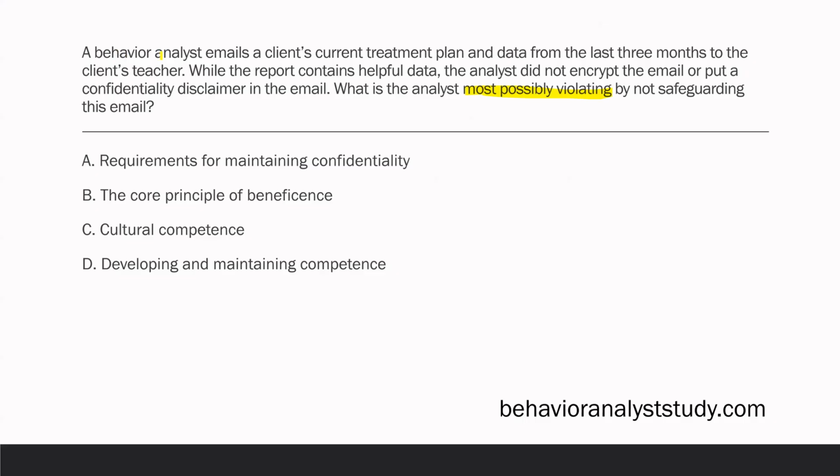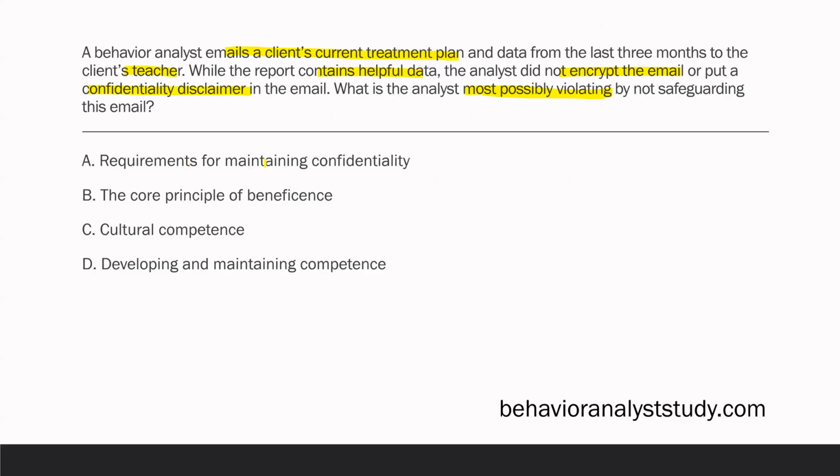We know the analyst emailed the client's treatment plan to the teacher, which is fine. It's full of helpful data, but they did not encrypt the email or put a confidentiality disclaimer. So they just essentially sent all this private information with no confidentiality protection. So they probably violated A, requirements for maintaining confidentiality.